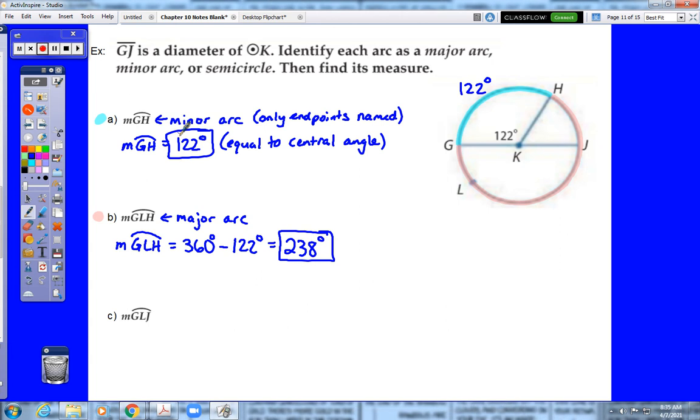Okay. Then we have our third example there. What kind of arc is GLJ? Yep, G and J are the endpoints of a diameter, which makes this a semicircle.